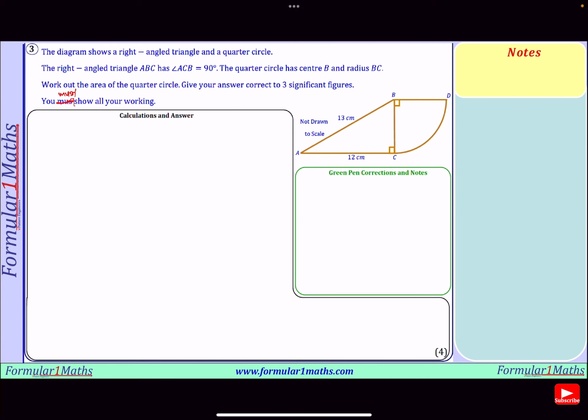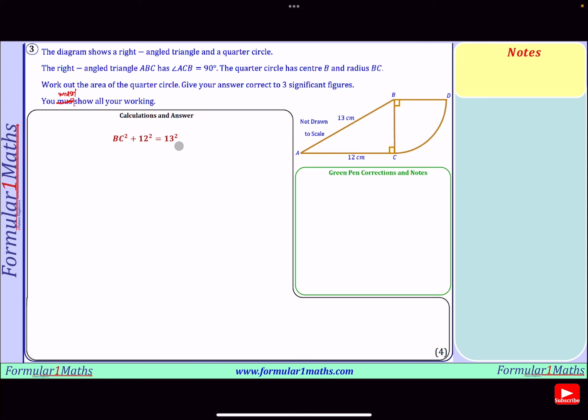So we need to find the area of the quarter circle. So we need to find the radius, BC, which is the same as BD. And using this triangle, we can find BC. That means we use Pythagoras Theorem. And according to Pythagoras Theorem, BC squared plus AC squared, which is 12 squared, must be equal to 13 squared. So BC squared plus 12 squared is equal to 13 squared.